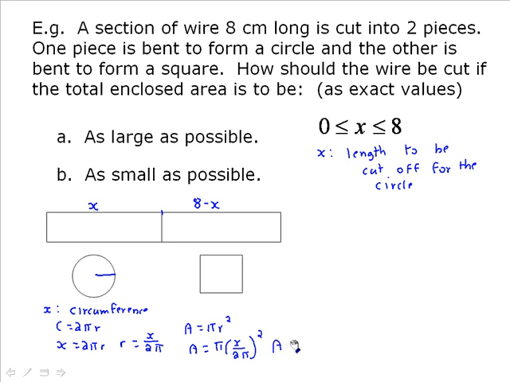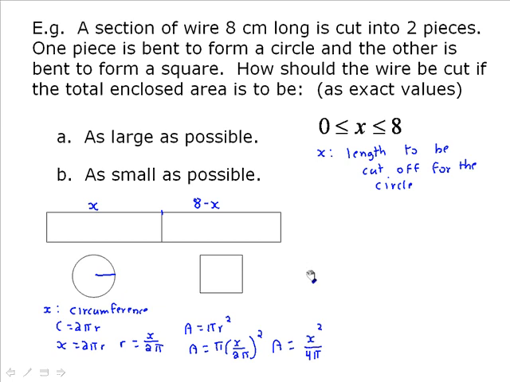So area is equal to x squared over 4 pi squared in the denominator, times pi on the top. When we simplify that, it'll give us x squared over 4 pi. I'll do that directly. One of the pi's is going to cancel.